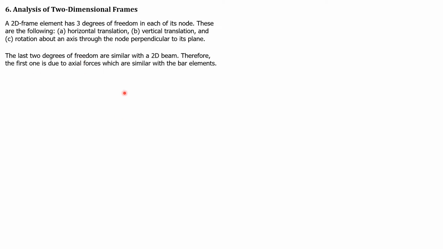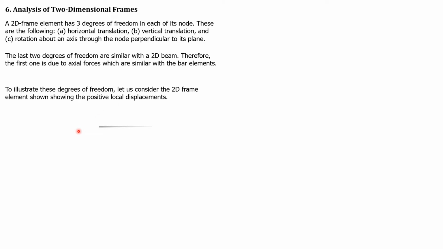So in beams, there were only 2 degrees of freedom per node, but this time we incorporate the effect of axial effect to frames. So let's consider this frame element. These are the forces at each node that will contribute to displacements.